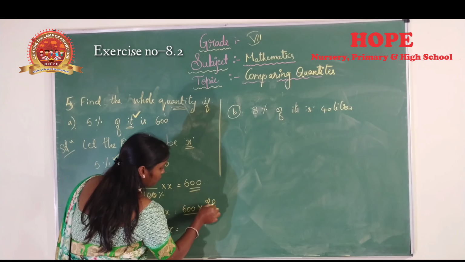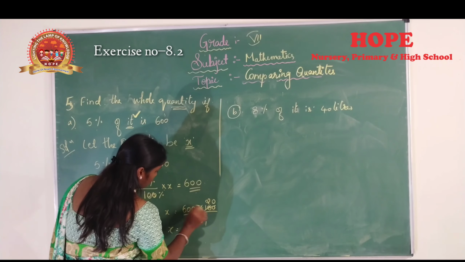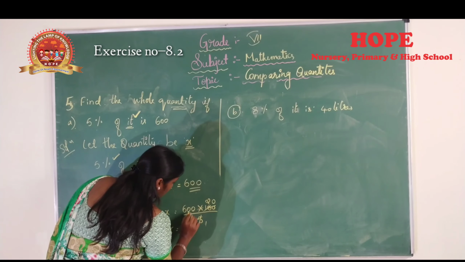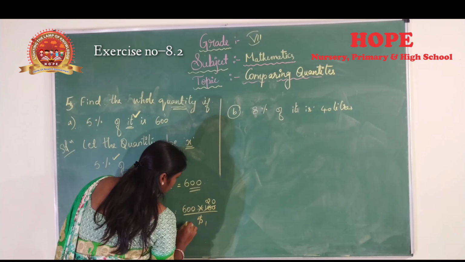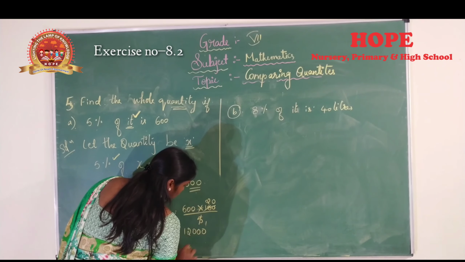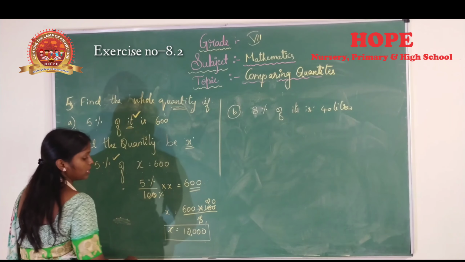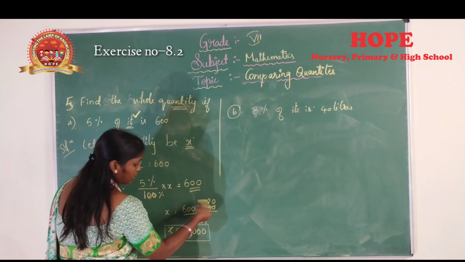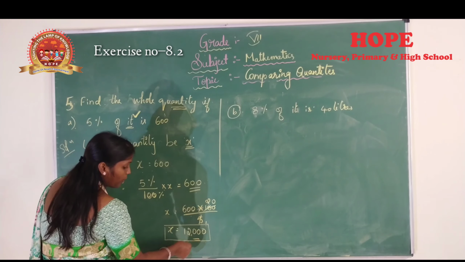I mean, 5 twenties are 100. So the answer is 600 into 20, which is 12,000. So the value of x is 12,000. This is the quantity.